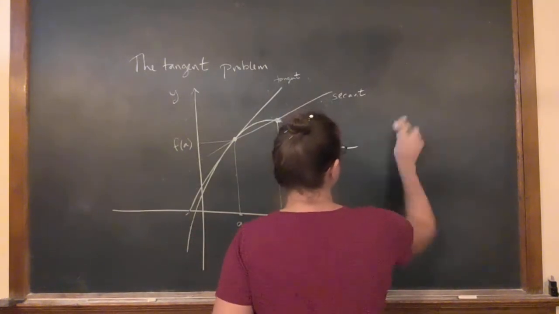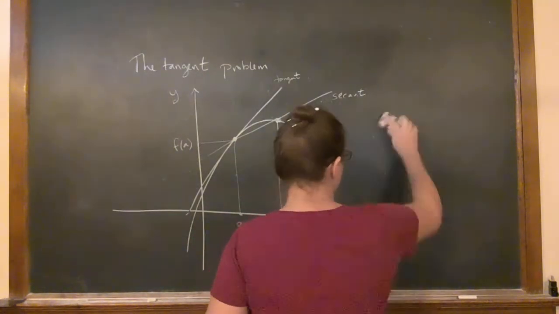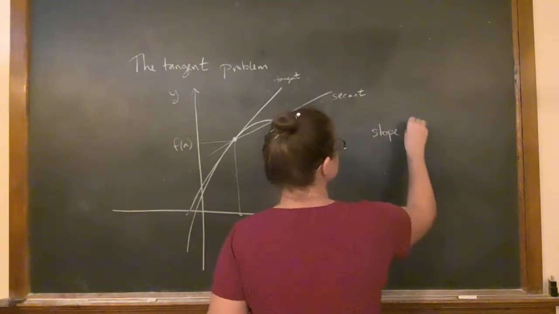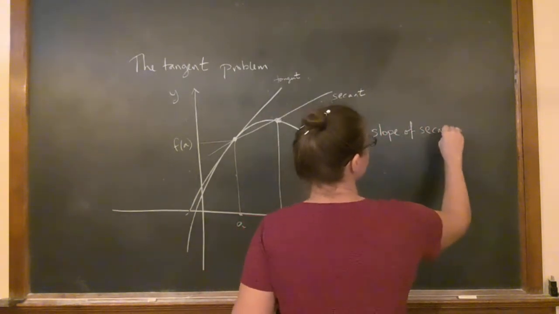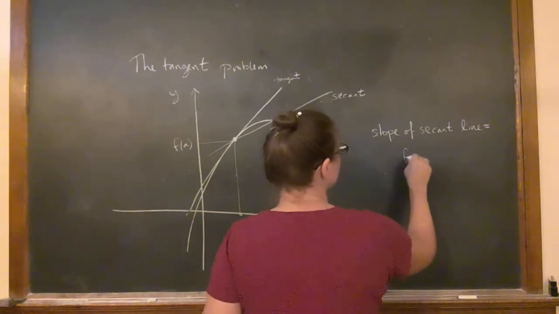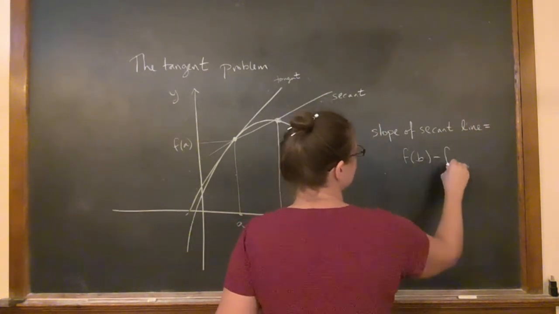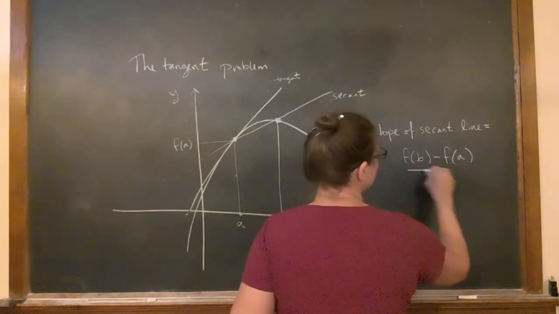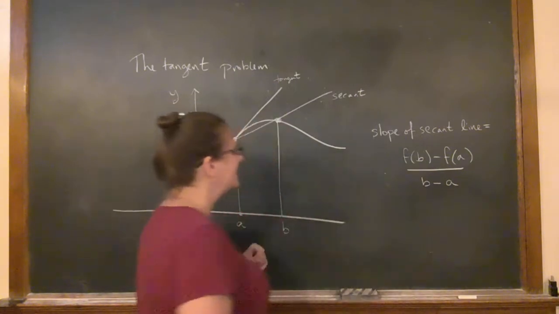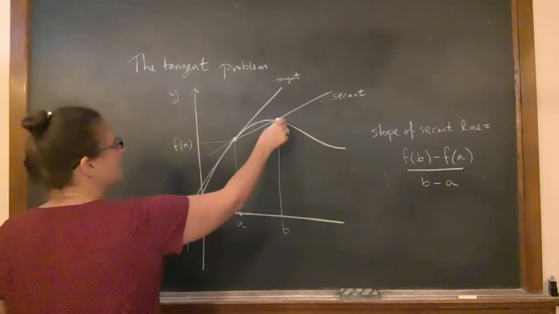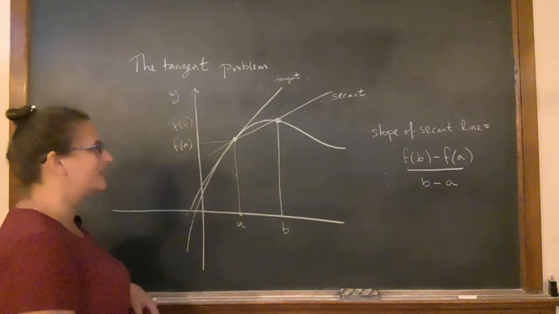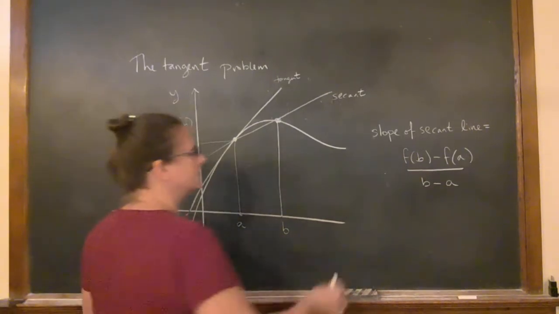Let me write it over here just really quickly. So this is going to be the slope, right? It is the change in y over the change in x. It's rise over run. So in this case, this is f of b minus f of a over b minus a. So I know the slope of the secant line.